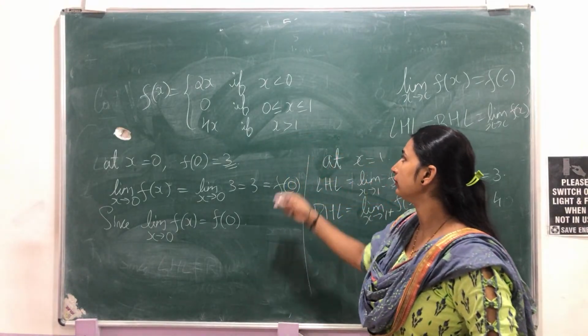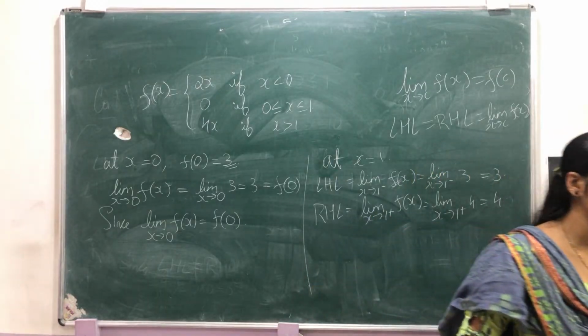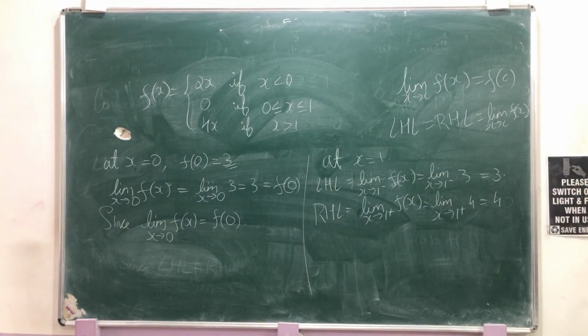For x equal to 1, less than 1, greater than 1, equal to 1. So for both the points you need to use the second definition. What is the second definition? Left hand limit equal to right hand limit, which is equal to the value at that point.